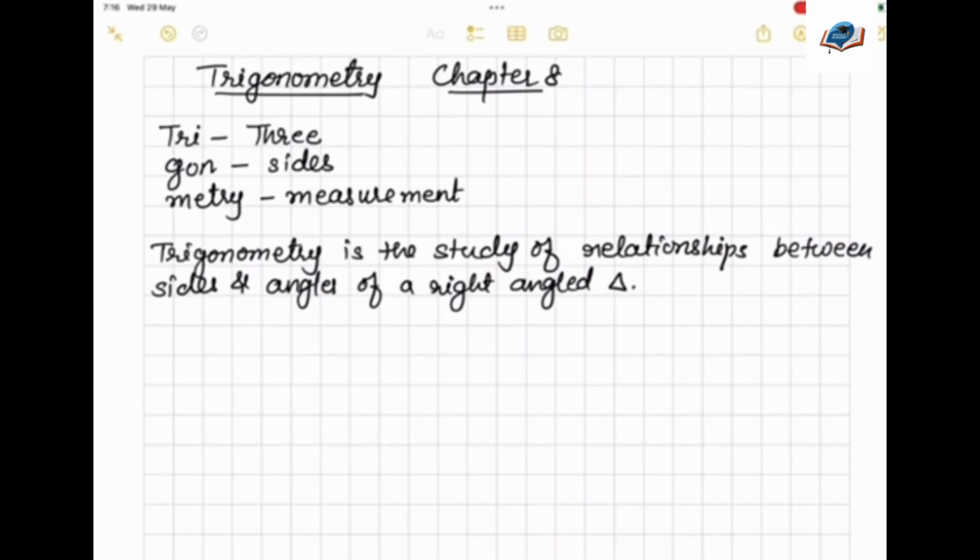So in this chapter we will be talking only about right angled triangles. Whether it is said or not, it will be a right angled triangle. Now let us see it.